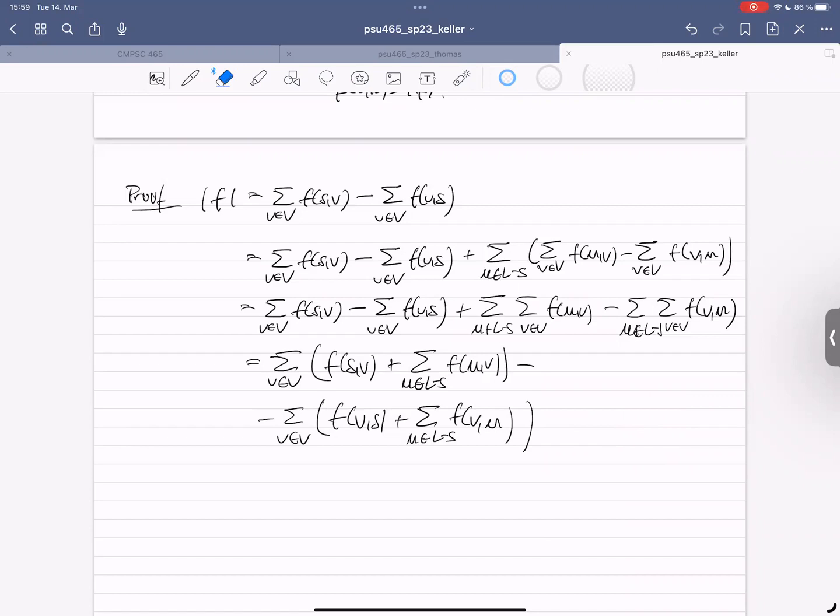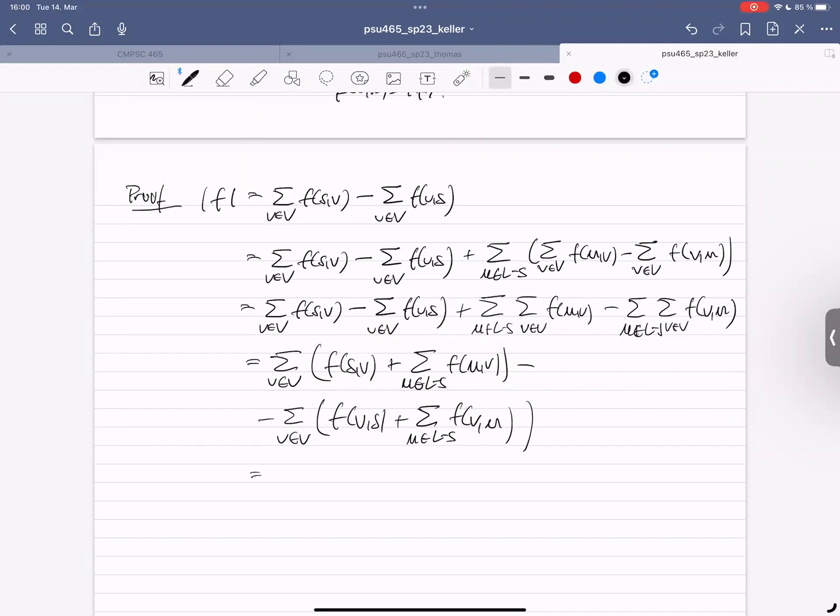Okay, and then if you look at this sum, you can actually combine it. This part here looks at all outgoing edges from S, and this looks at all outgoing edges from every other node than S in set L. So this is simply taking all vertices in L and summing up everything that's leaving this particular vertex.